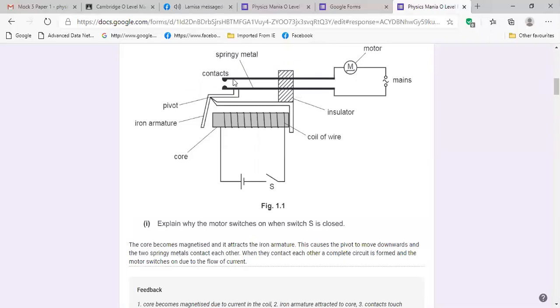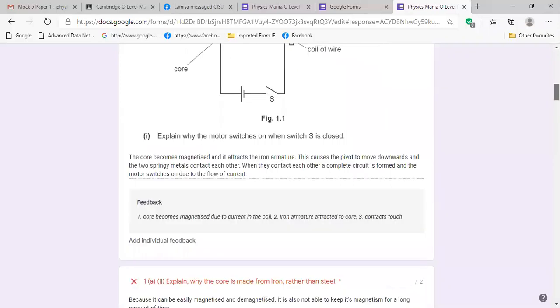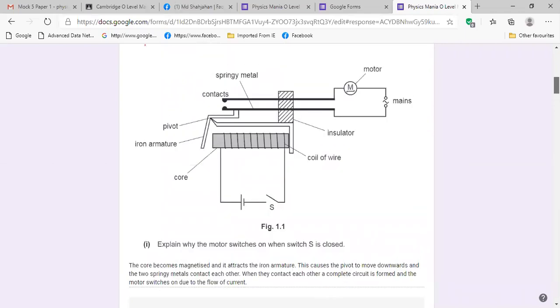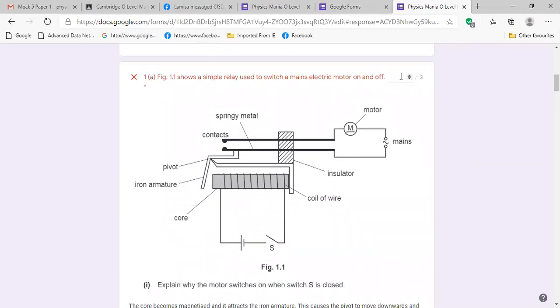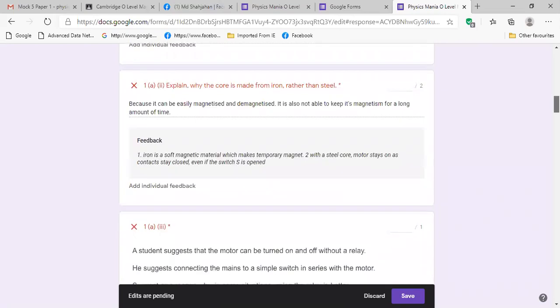This one, you mean this? Okay, then the third point is the contacts touch. So you got 3 out of 3. Done. This one is 3.